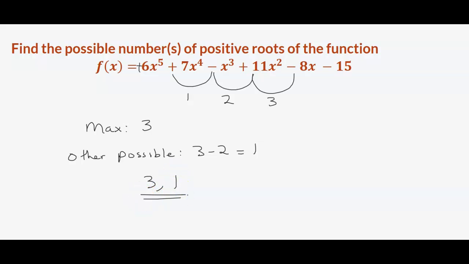Those are the possible numbers of positive roots of this function. And when we get to the PNI table, we can see different combinations of this. You will not know for sure until you actually go through the exercise of using all the theorems, the remainder theorem, and all the rules that you may have to use to identify these roots. But this just gives you a sense of what you should be working toward.